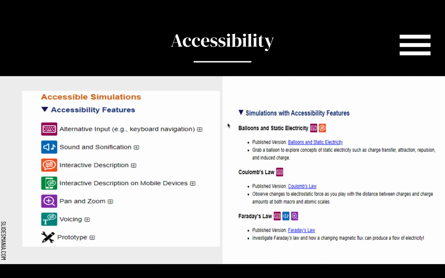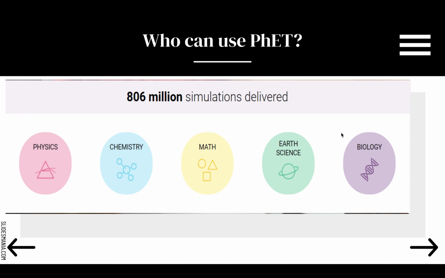So if you're looking for a Phet simulation, you click on it, and as a teacher, you're already going to see these icons. For example, the balloon and static electricity lab, or simulation, I call them labs, will have the icons. This one corresponds to keyboard navigation and stuff like that. So this is another great feature.